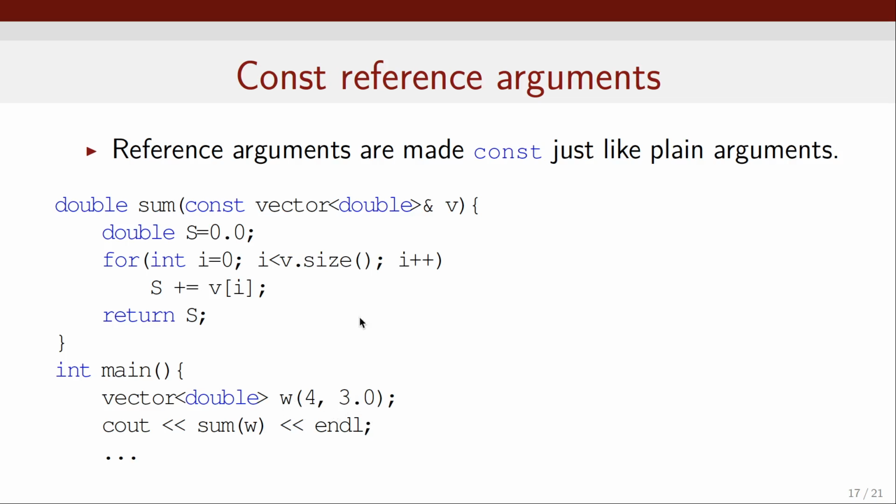Instead, it's just going to read that vector from the memory where it's already located without making a copy. It will just read it directly and start making calculations. So doing that is much more efficient, especially if this vector w is very large, with millions or billions of components.